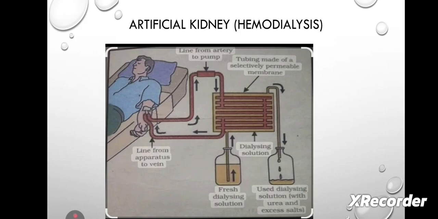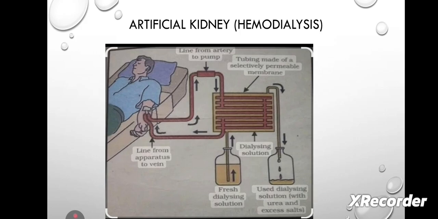fluid. This fluid has the same osmotic pressure as blood, except that it is devoid of nitrogenous waste. The patient's blood is passed through these tubes. During this passage, the waste products from the blood pass into dialysing fluid by diffusion. The purified blood is pumped back into the patient.